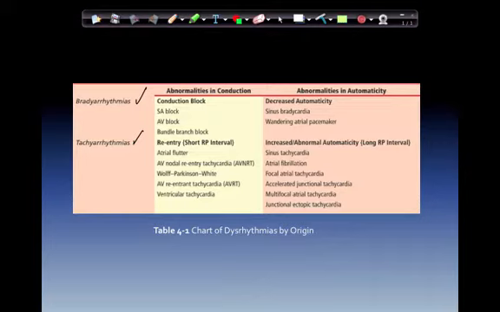Reentry or short RP intervals, things like A flutter, AV nodal reentrant tachycardia, and this would be things like reentry tachycardias, and we'll talk about those. Wolff-Parkinson-White's one of those. AV reentrant tachycardia, ventricular tachycardia. So the ventricles themselves have decided to make a new pacemaker site.